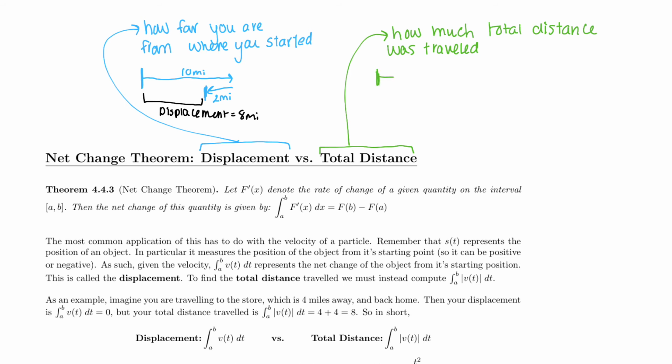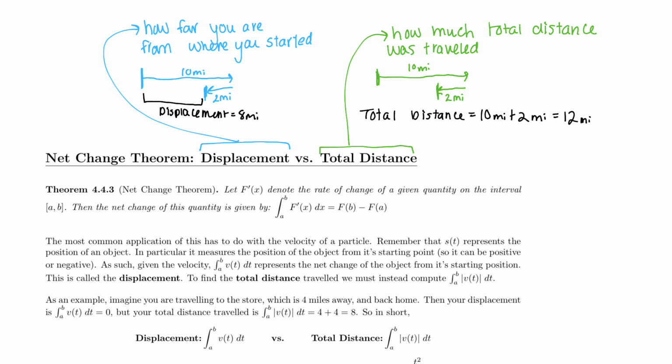So again, if I start here and I go 10 miles, and then I turn around and I come back 2 miles, and I stop right here, adding those two together, I walked a total of 12 miles. That's my total distance. My total distance is 12 miles.